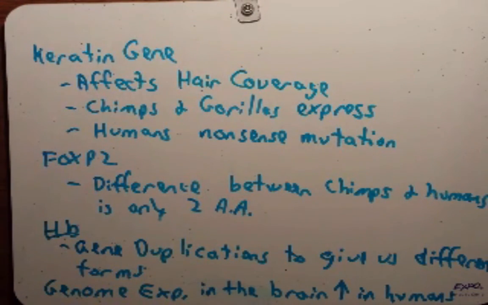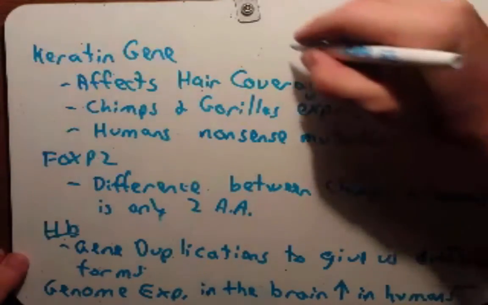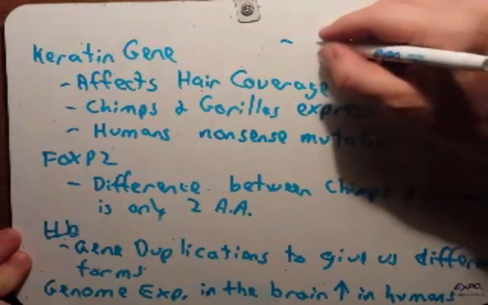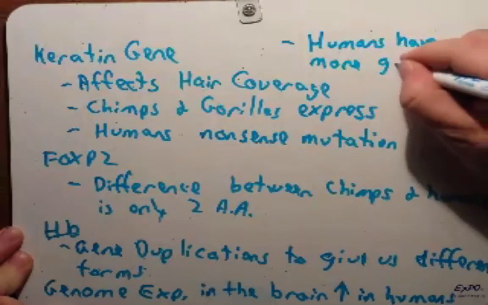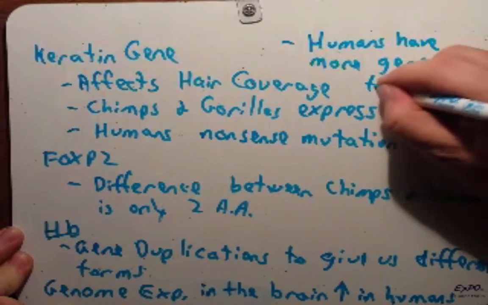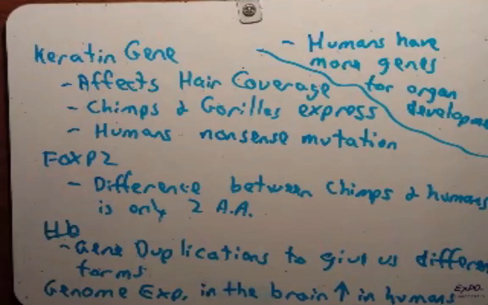So our livers are pretty much doing the same job. But our brains have remarkably changed compared to the chimpanzees. I don't have room down here, so I'm going to put it up here as our last point. Humans have more genes for organ development, which has also impacted our ability to adapt and evolve.